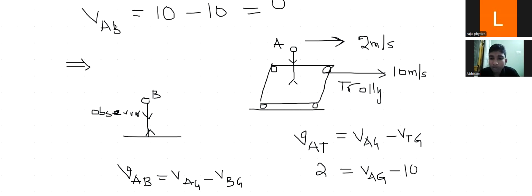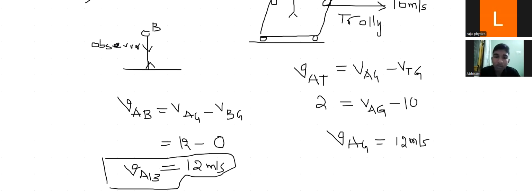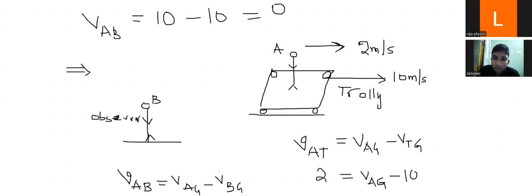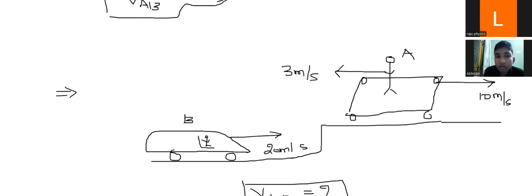Now here you are making some small mistake. In the VAG calculation you are making a small mistake. So what is that mistake you are observing? From this diagram and from this diagram, what is the difference?